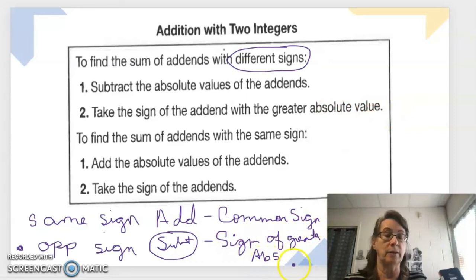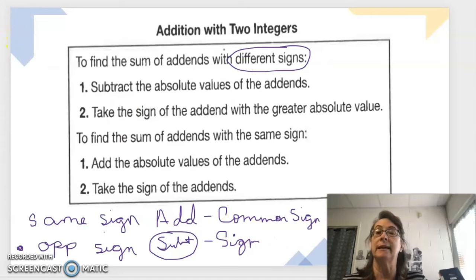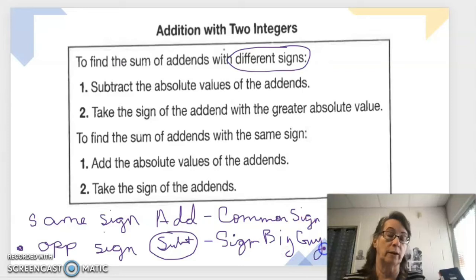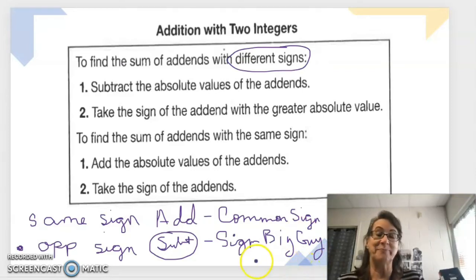Now what I do when I'm doing this with students, because I want something that's easily remembered, I just say sign of the big guy. Sign of the big guy, because he's going to win that tug-of-war. Whatever direction he's pulling is going to win the tug-of-war, isn't it?